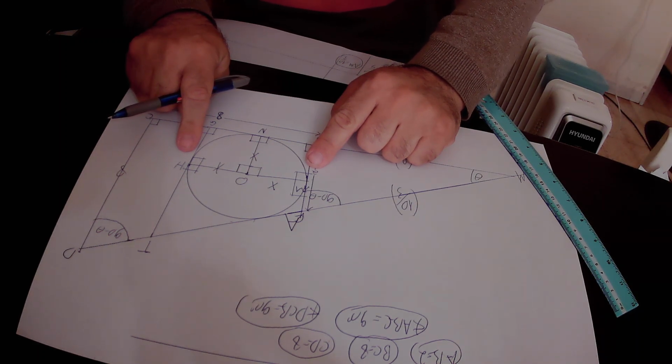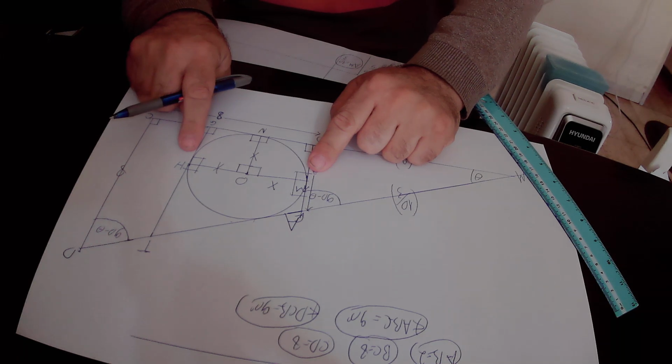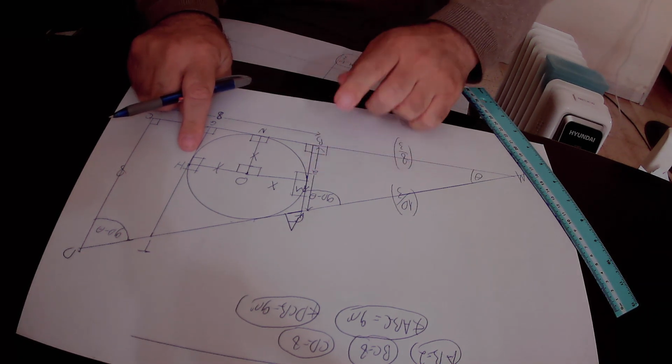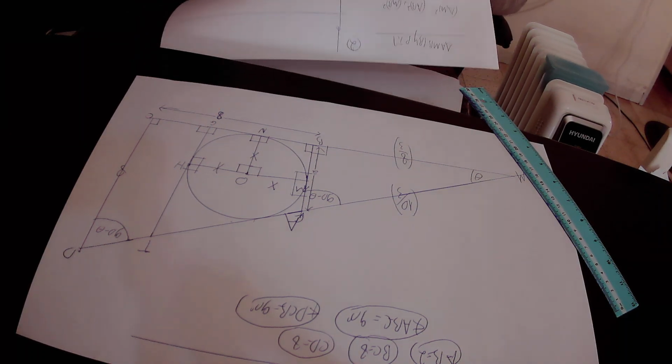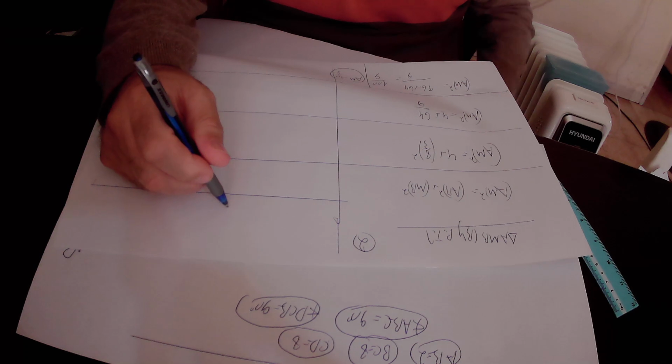But MH is a straight line that touches the circle at points M and H. Therefore, MH is a chord that passes through point O, the center of the circle, and any chord that passes through the center of the circle must be the diameter of the circle. So we can write down that MH is the diameter of the circle.